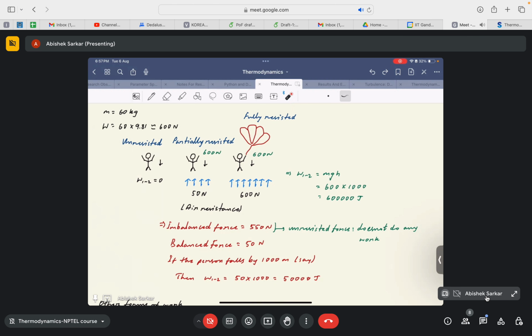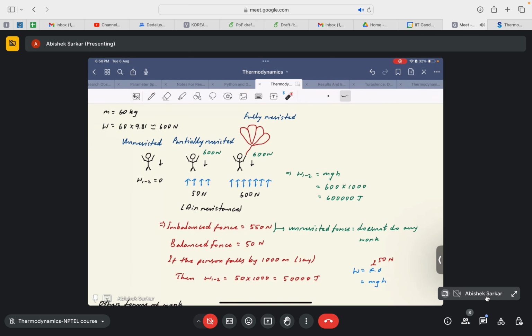Work done is force times displacement, where force is mg and d is equal to h, then work done is mgh. Since this F, the resistance force, is equal to only 50 Newton, then the net work done in this partially resisted fall would be 50 into 1000 or 50,000 joules or 50 kilojoule. Okay.